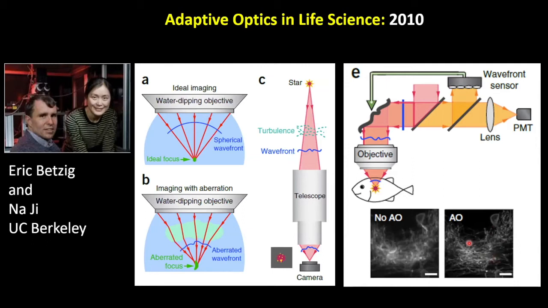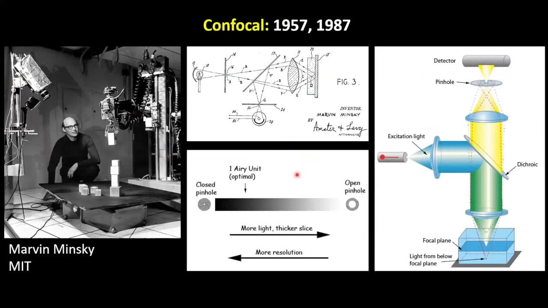So we have been talking about two cases which borrow ideas from astronomy: one is deconvolution, and the other is adaptive optics. The most popular one is confocal, where the concept was first introduced by Marvin Minsky in 1953.